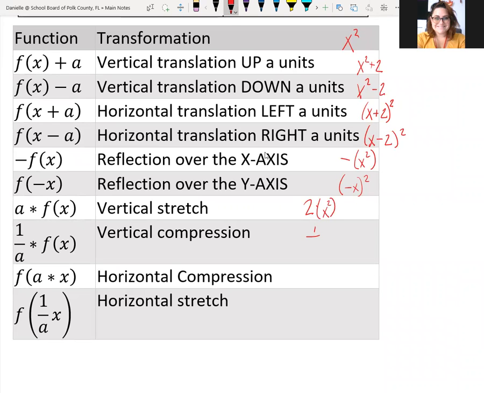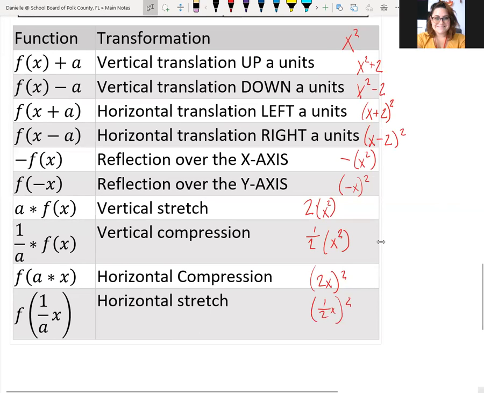And for a compression, I would do 1/2 times x squared. And for horizontal compress, would be 2x squared, and a horizontal stretch would be 1/2 x squared. So there's some visual examples of something. So hopefully that one makes a little bit more sense to you.